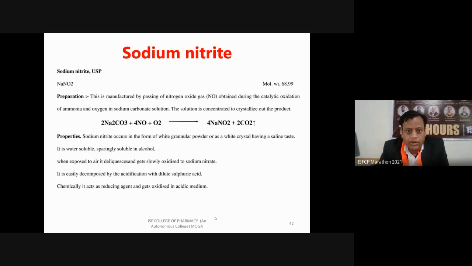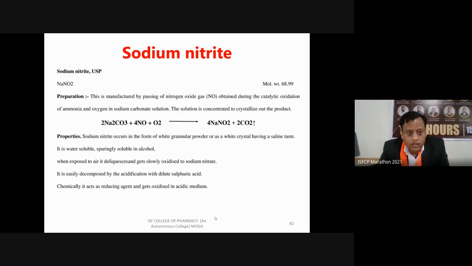It is manufactured by passing nitrogen oxide gas, obtained during the catalytic oxidation of ammonia, and oxygen into sodium carbonate solution. The solution is concentrated to crystallize out the product. So the nitrogen oxide gas reacts with sodium carbonate in the presence of oxygen, which gives sodium nitrite and carbon dioxide. You understand how sodium nitrite is prepared.